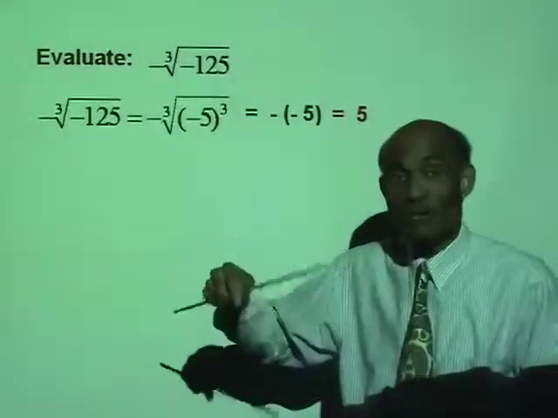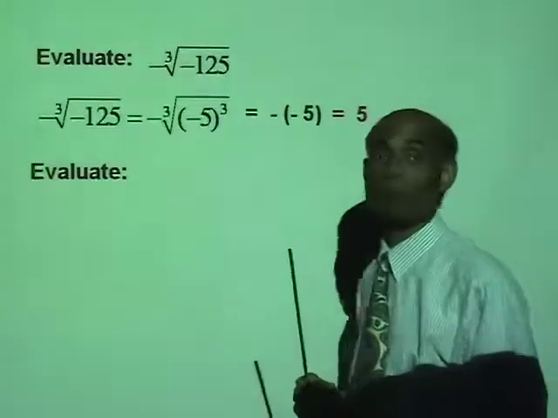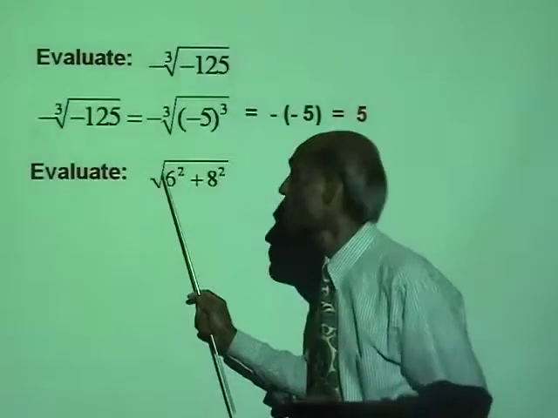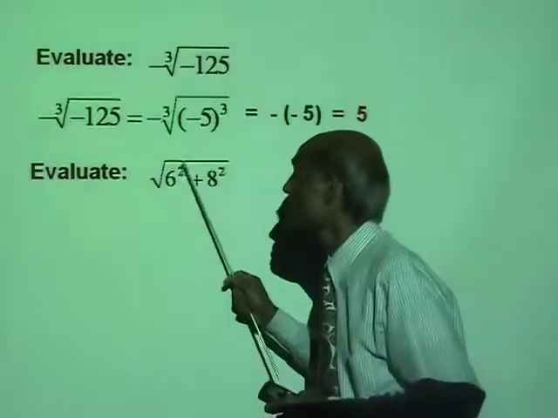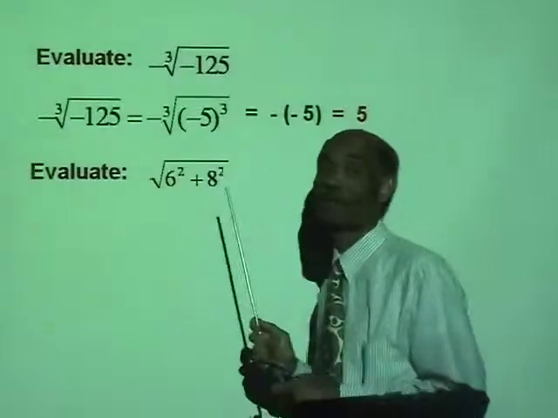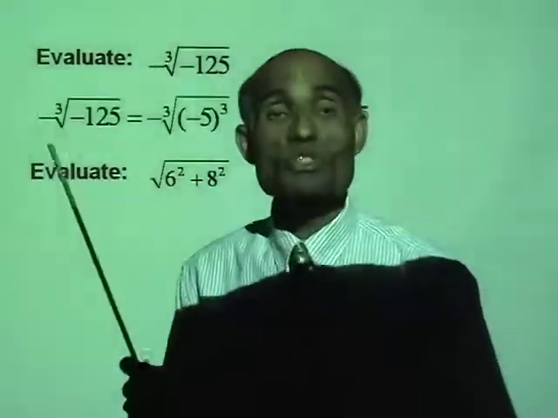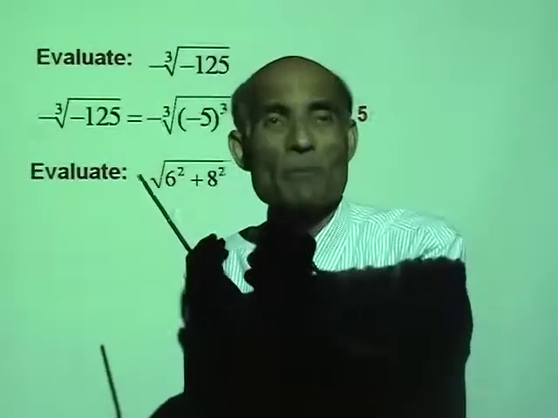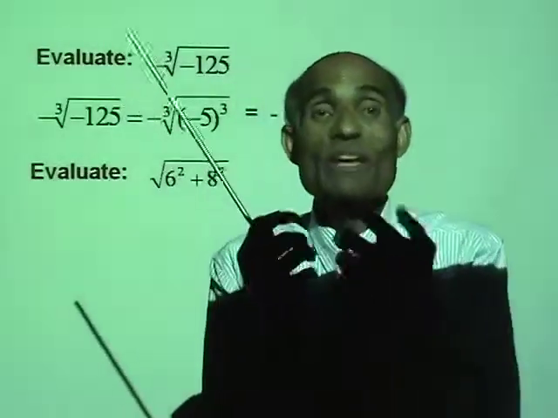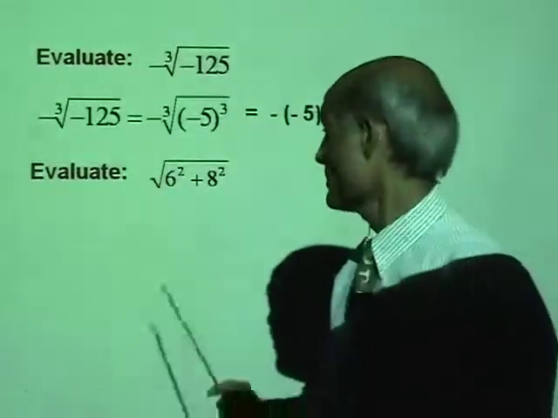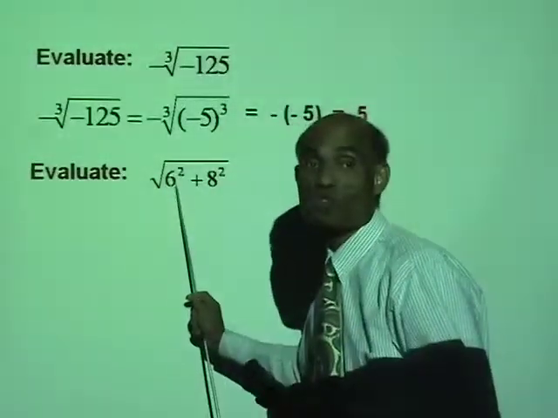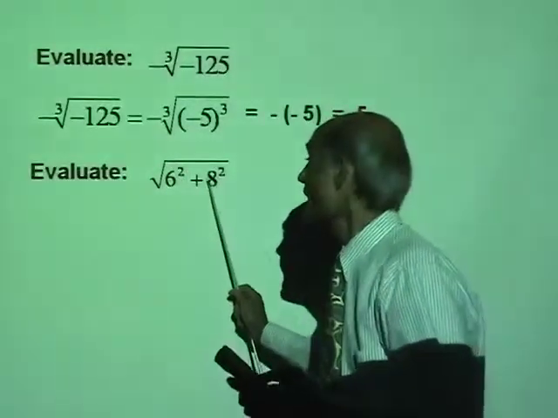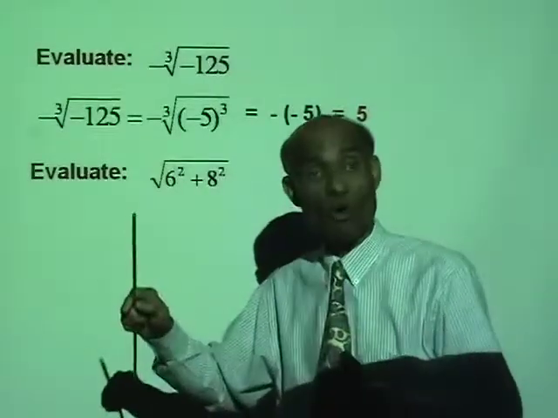So that skill in numbers is very important. Another one. Find the value of the square root of 6 squared plus 8 squared. You see, once you have a quantity inside a square root that is a sum, you need to first of all evaluate that sum. So what is the value of this? First of all, you square 6. 6 squared is 36. 8 squared is 64.